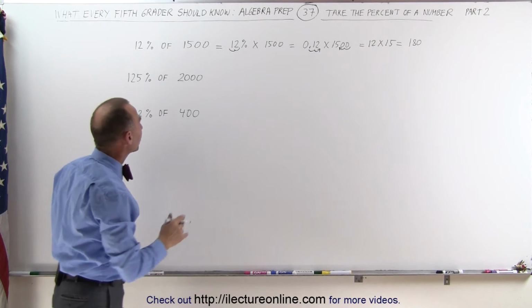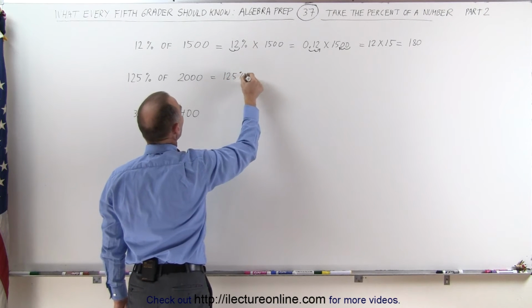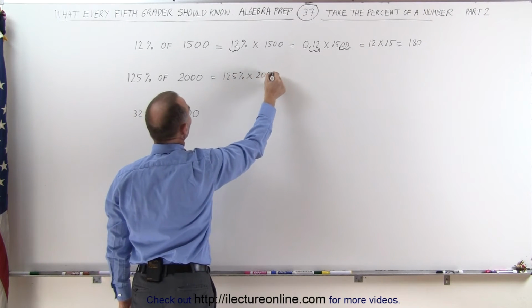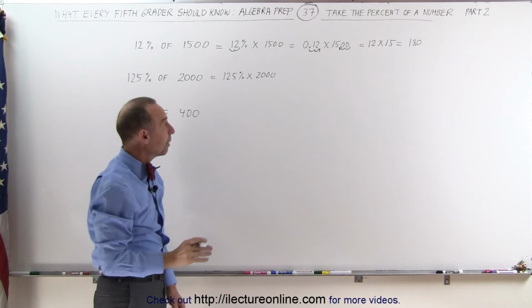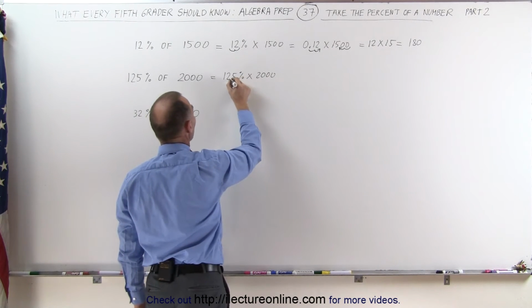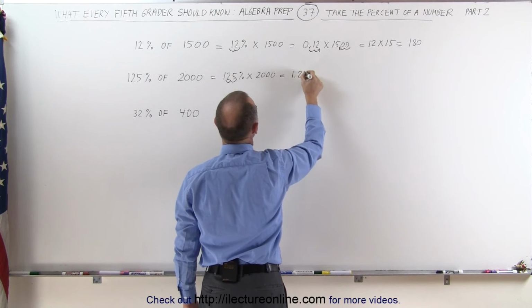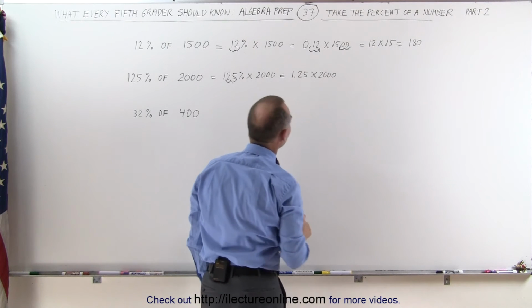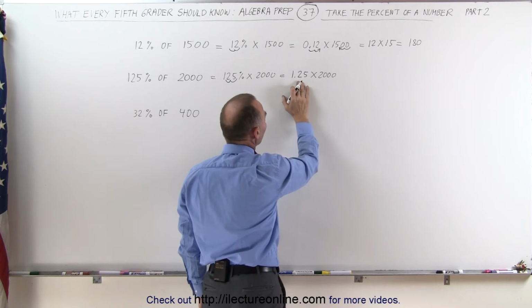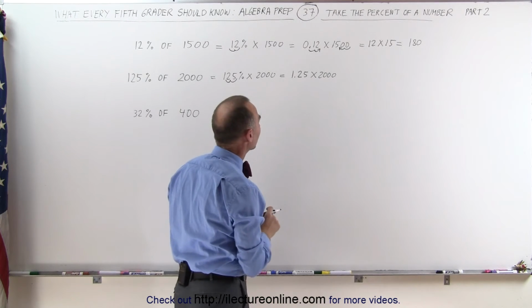Let's try this one here. 125% of 2,000. This can be written as 125% multiplied times 2,000, because that's what the word of means. I now will change this into a decimal by moving the decimal place over 2 spots, 1, 2. This is now equal to 1.25 times 2,000. And again, if I multiply this times 100 and divide this by 100, I have a much easier problem on my hands.